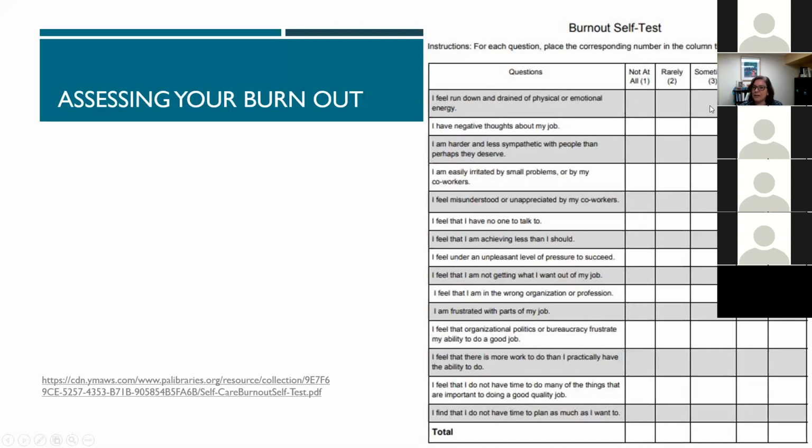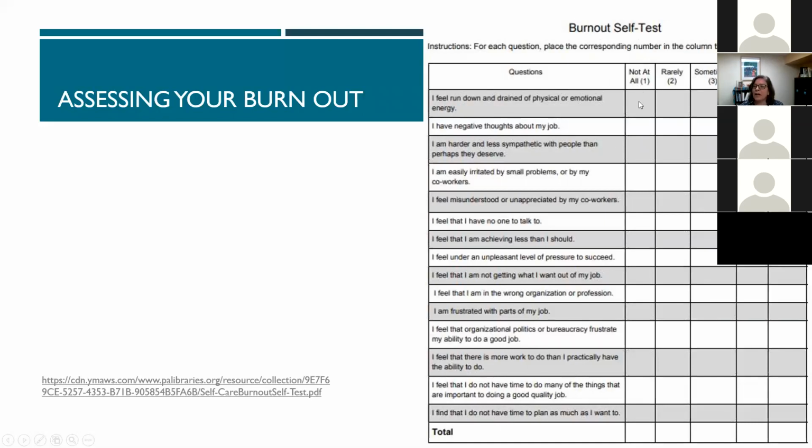And you mark down which one it is. If it's not at all, it's 1 point. If it's very often, you put 5 points. I'd like you to go through each of these, and I'll give you 5 minutes. Go through each of these and mark down how many points you would assign to each. And then we'll see how burned out you are.